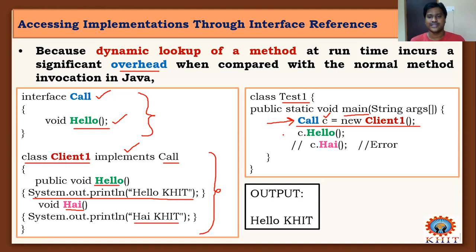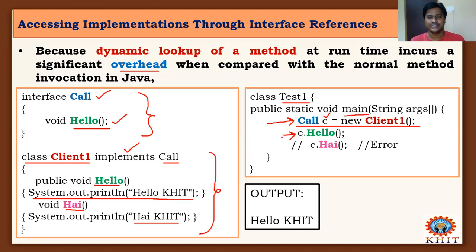So now we are allowed to call the method defined in the interface. While implementing the inheritance between this interface and class client one, the method defined in the interface should be implemented by the class client one, right?